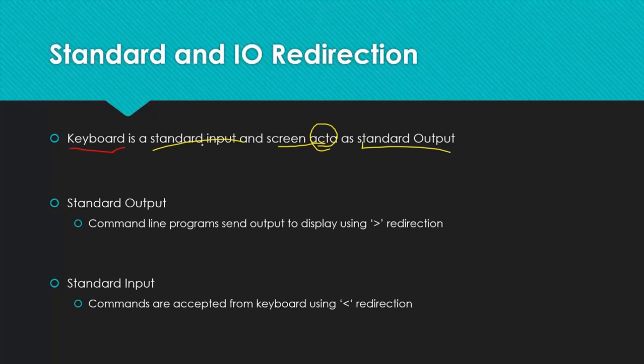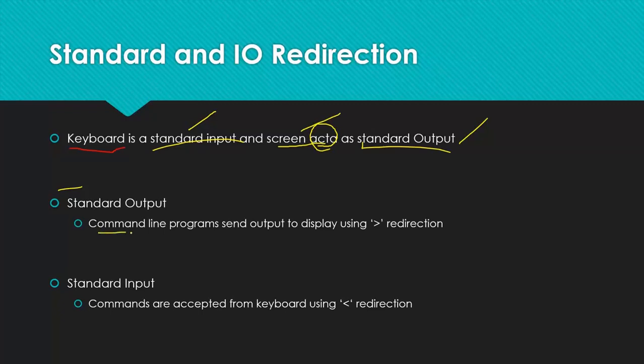So input is nothing but your keyboard device, and the screen acts as a standard output device. Now coming to the standard output device, we're going to consider it as a display device.